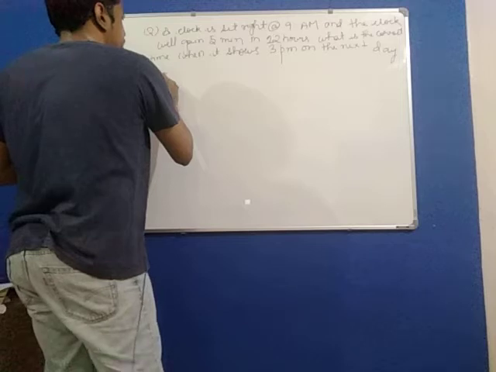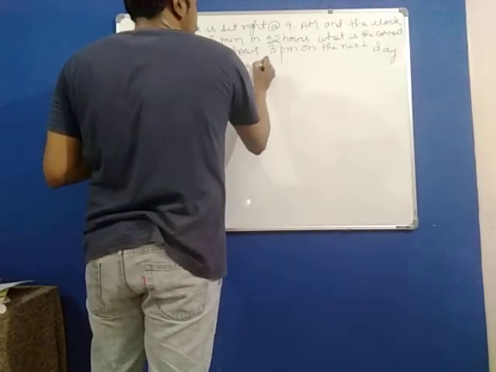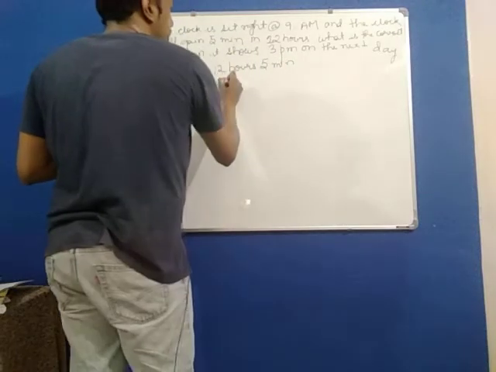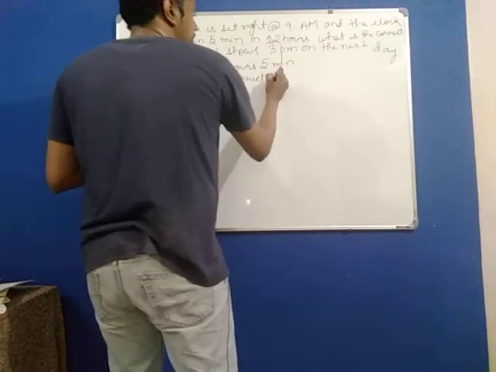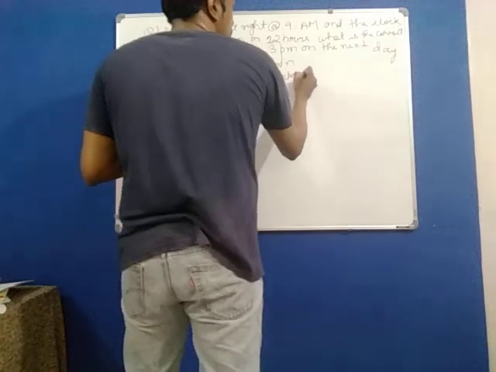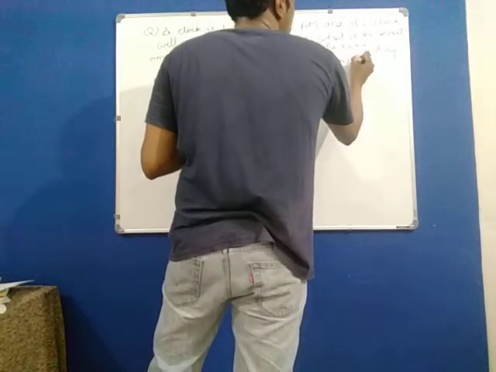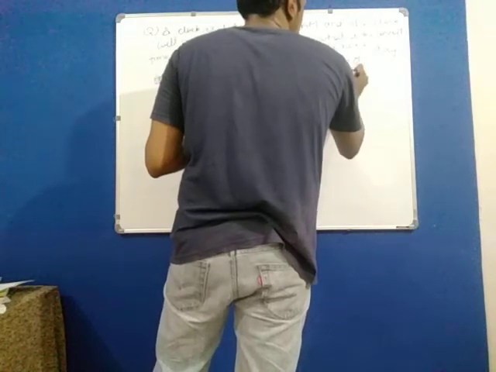We can say that 12 hours and 5 minutes of incorrect clock is equal to 12 hours of correct clock.